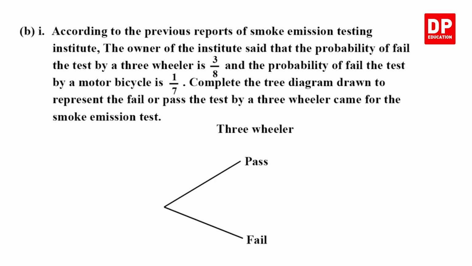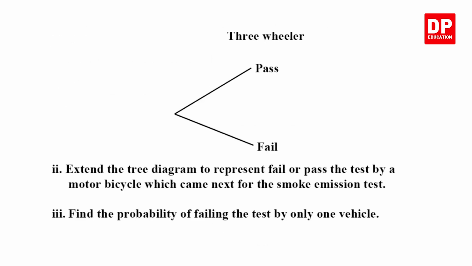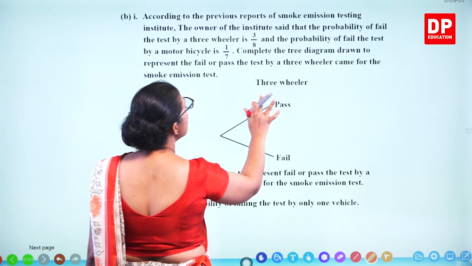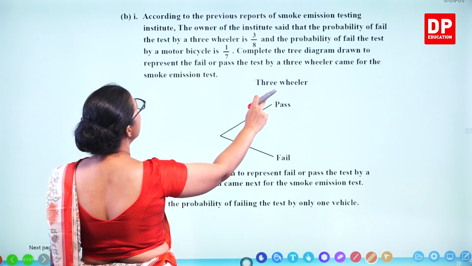Complete the tree diagram drawn to represent the fail or pass the test by a 3-wheeler that came for the smoke emission test. And then extend the tree diagram to represent fail or pass the test by a motor bicycle, which came next for the smoke emission test, and find the probability of failing the test by only 1 vehicle. So we'll try to complete this tree diagram, 3-wheeler.